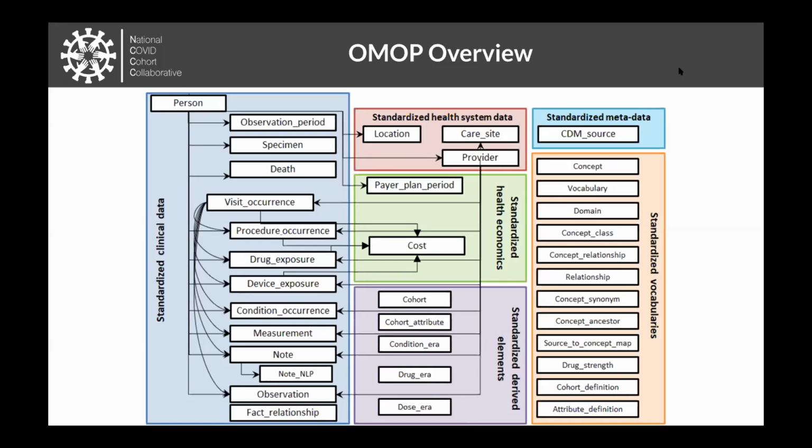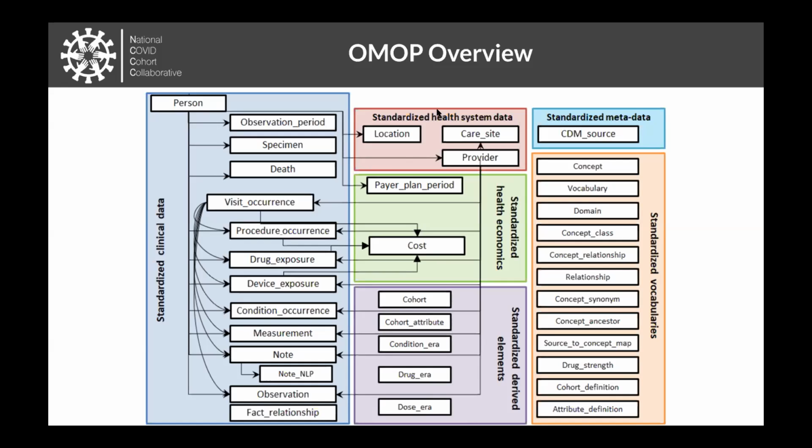So what you're seeing on the screen is an organized list of the tables in the Common Data Model. You can see they're organized into standardized clinical data on the left, and that's going to be all the tables that will have clinical events.